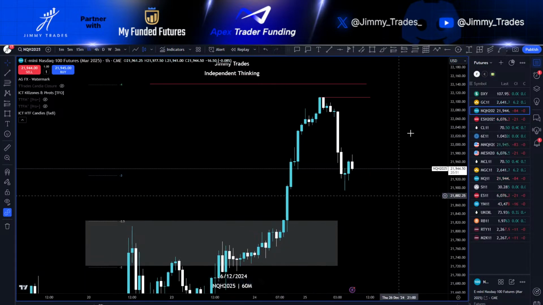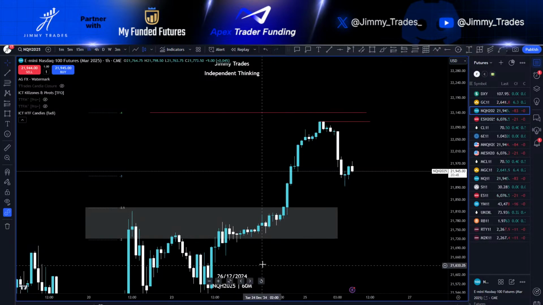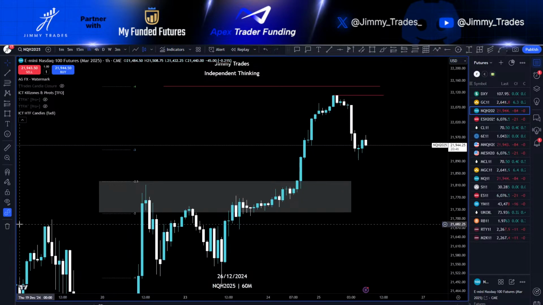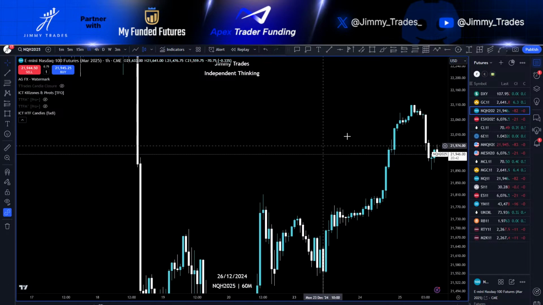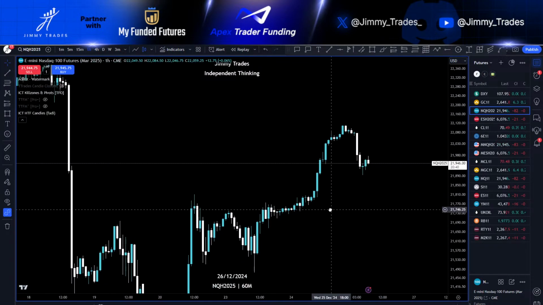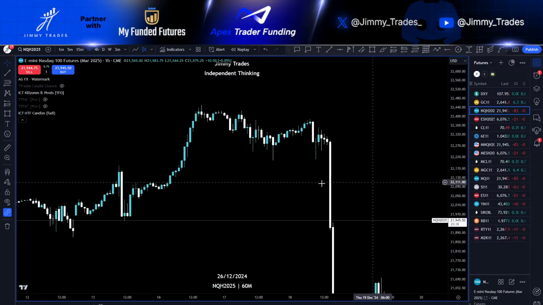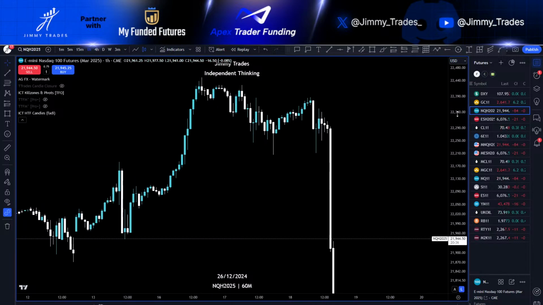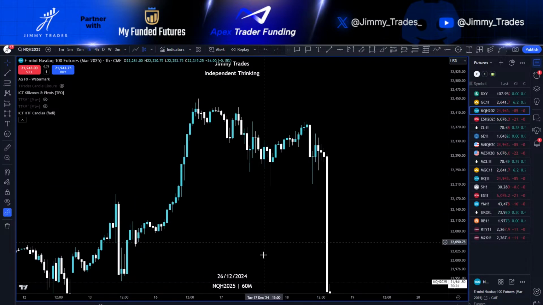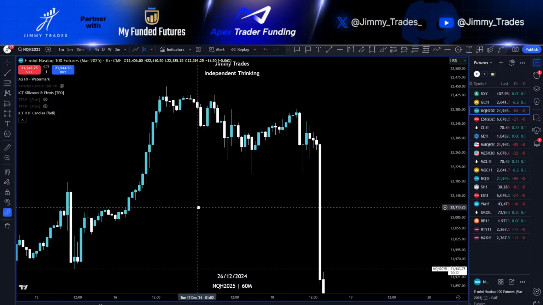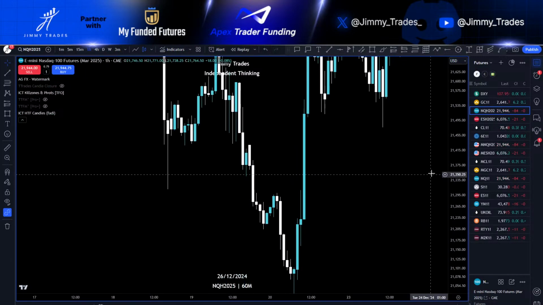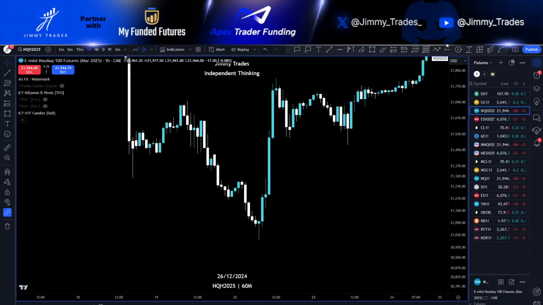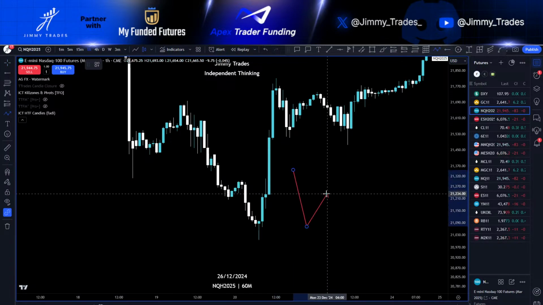So let's see if we can find a change in the state of delivery that's not so clear. So you might look at the high here, and we have a failure swing. So here we have a reversal, and we know that the market reverses in two ways.